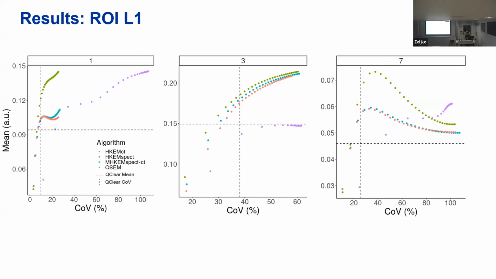Once we reconstruct all the patient data, we can compare all the algorithms. And I need to mention also that we are comparing with DG Reconstruction. Here, the dashed lines, in this case, were optimized.